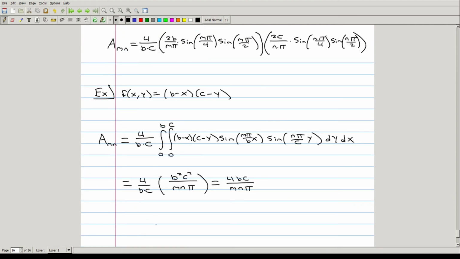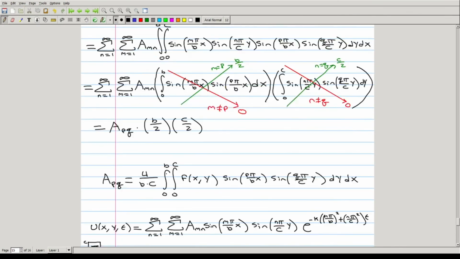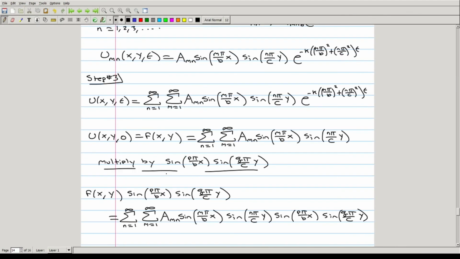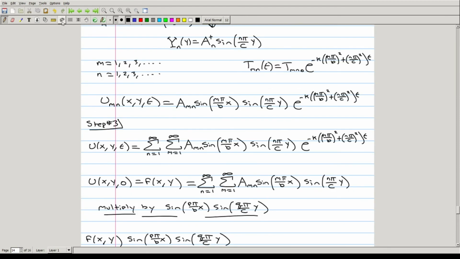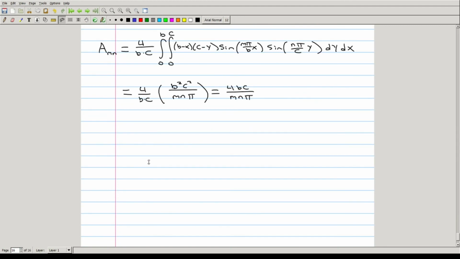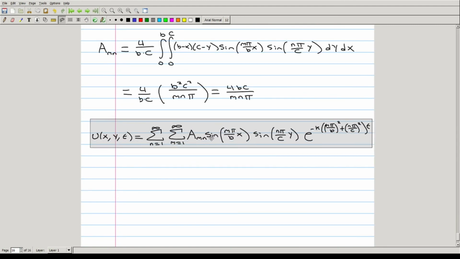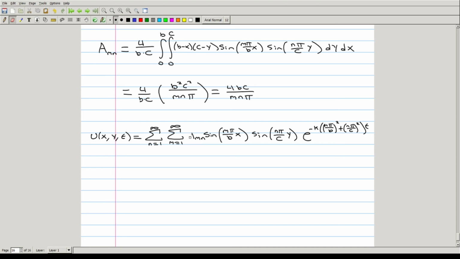So the general solution is the infinite sum from before, with these coefficients plugged in, and I'll actually do that for this one because these coefficients are a little bit shorter for this example. The general solution is 4bc over m times pi.